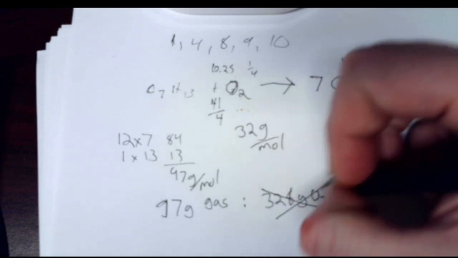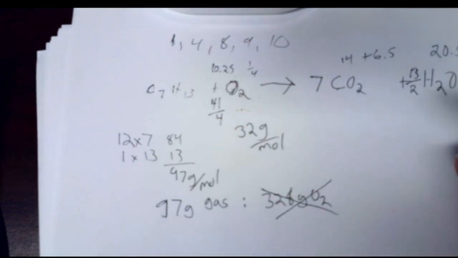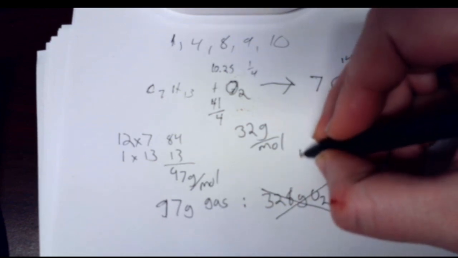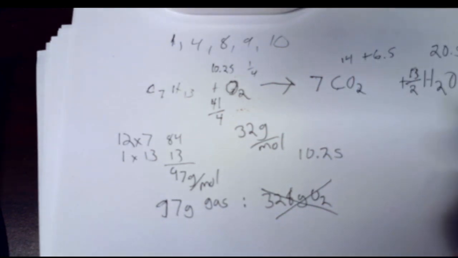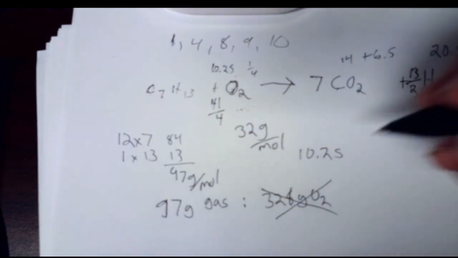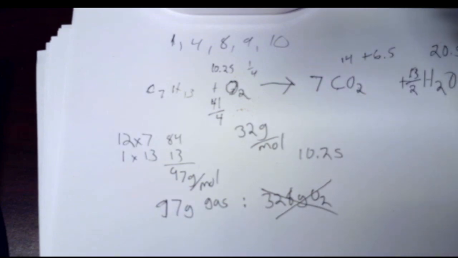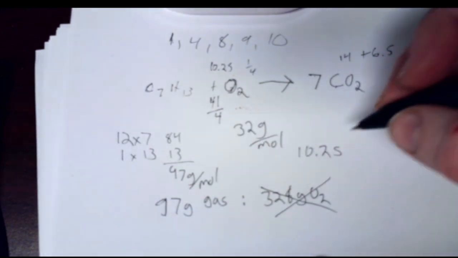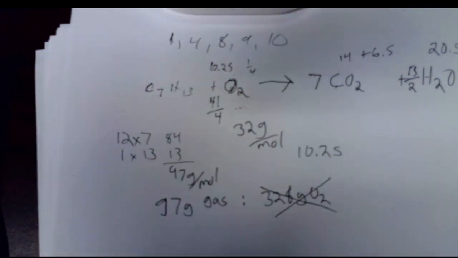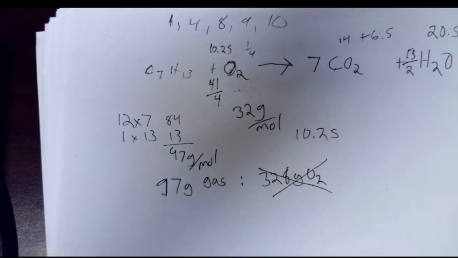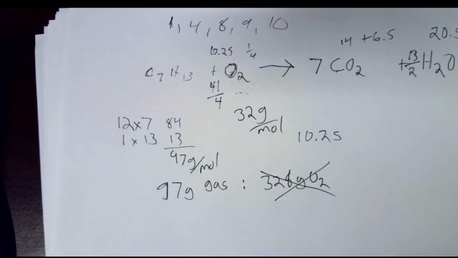Since the 20.9% is not by mass, it is by, I think, volume, we have to factor that in. So we can have a direct correlation of moles to moles of air. So if we have 10.25 moles of oxygen that we need, how many moles worth of air would we need?